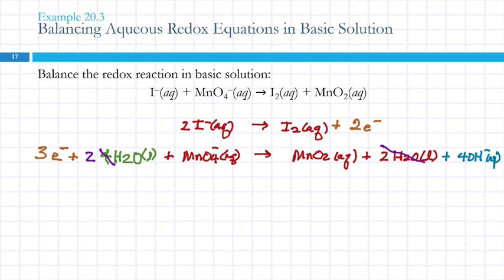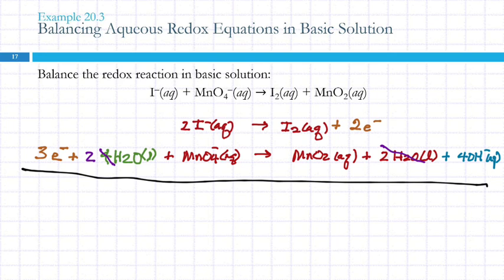Now we add them together. Oh, no we don't. They're not the same. This is 2 and that's 3. I was going to cancel them out and they don't cancel out. Okay, so we're going to have to multiply by 3 and 2. So the top one needs to be multiplied by 3 and the bottom one needs to be multiplied by 2.